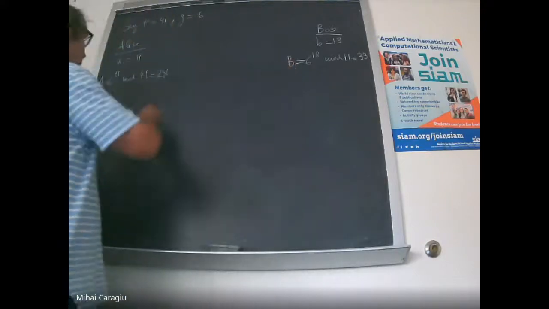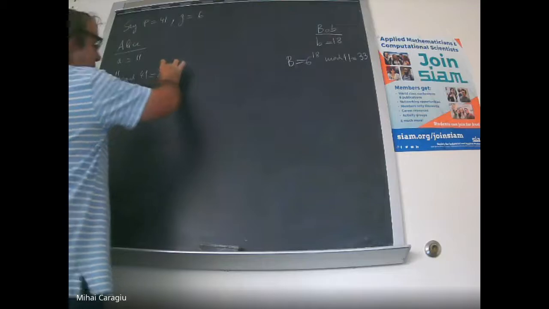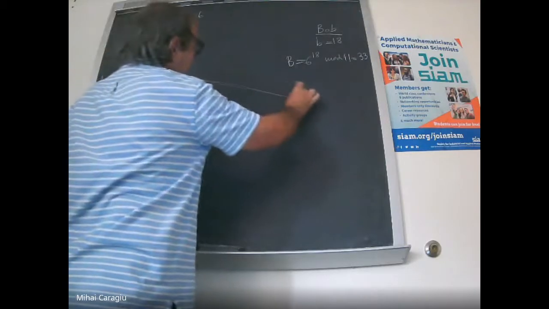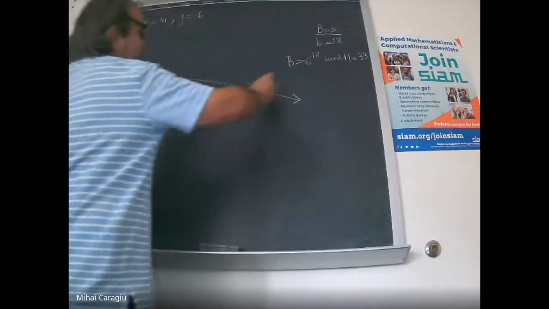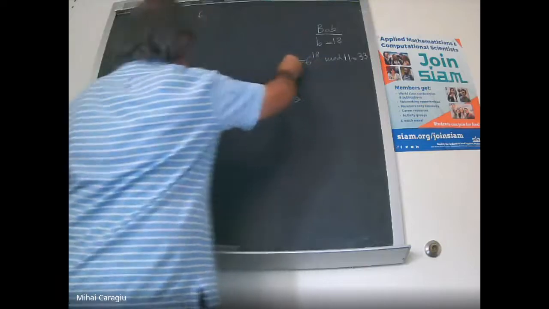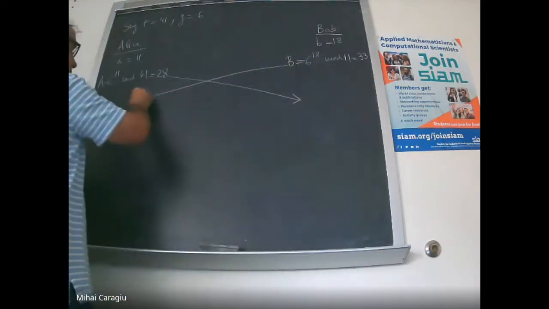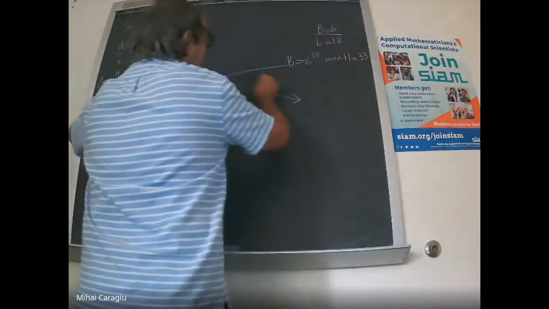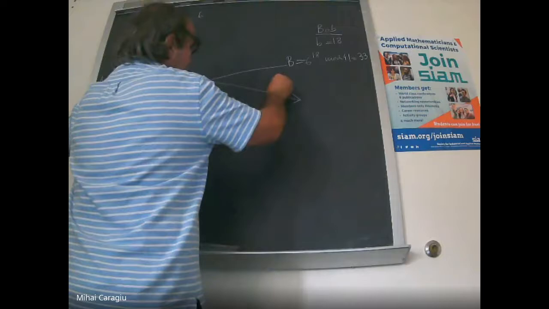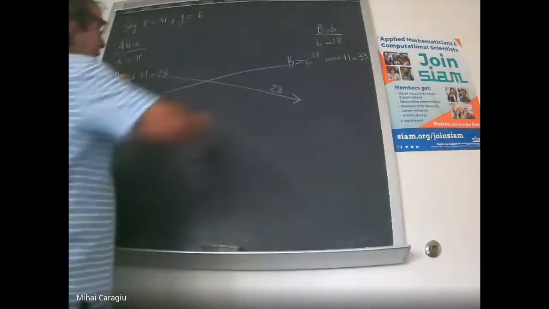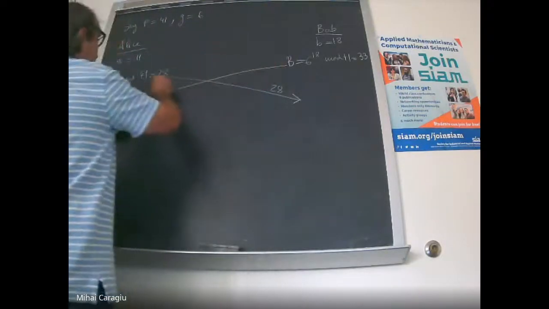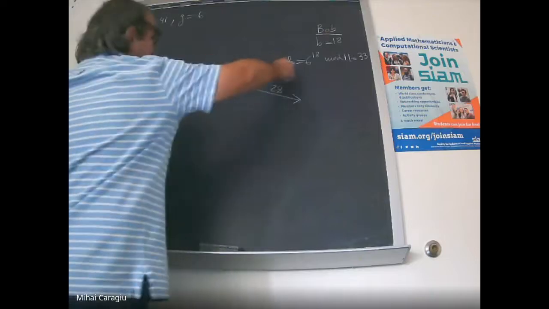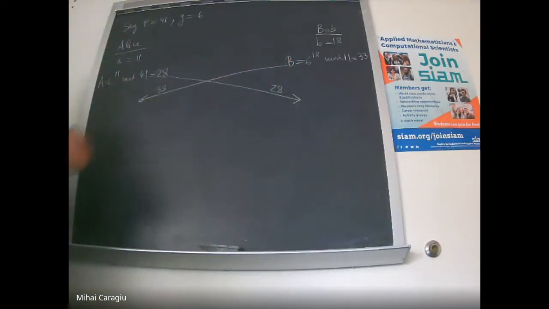So Alice will send over 28 to Bob. And Bob sends over 33 to Alice. So Bob receives 28. This 28 is circulating over the wire. And Alice receives 33, which circulates over the wire from Bob to Alice.